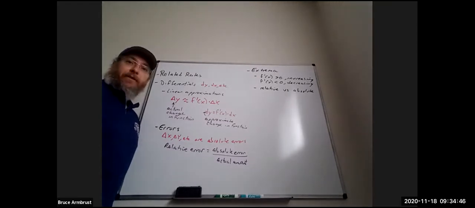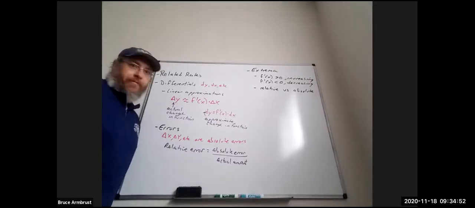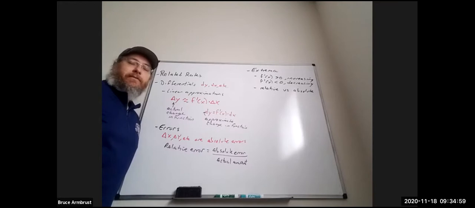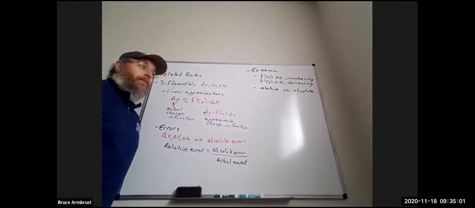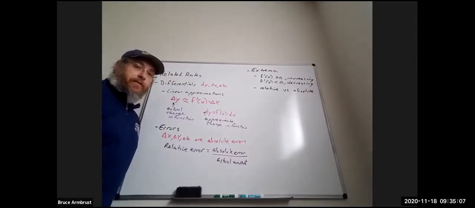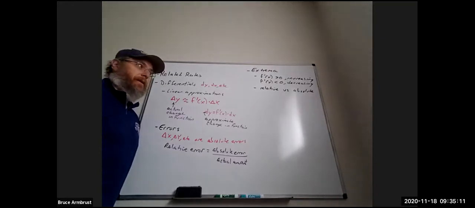Absolute is exactly what it sounds like. An absolute maximum is the biggest value. Absolute minimum is the smallest value. Everything else are relatives. So anytime we're at any kind of little peak, that's a relative max. If it ends up being the highest point, then it's an absolute max.